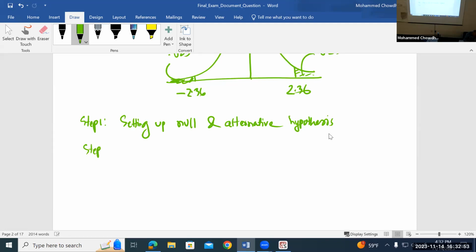Step 2, calculate test statistic value. Number 3, find table value. You remember the Z table, there is also a T table, there is also an F table.